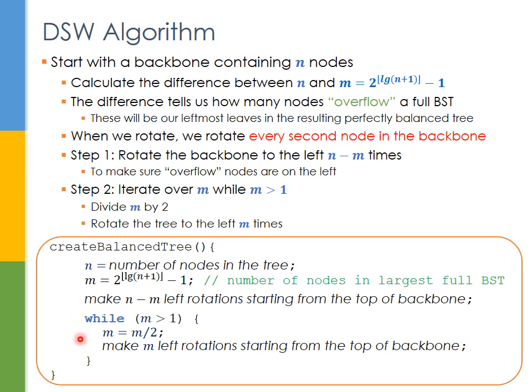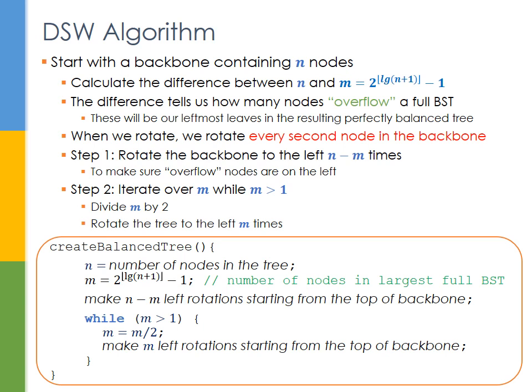Now we get into this loop, which continues while m is greater than 1. We update m's value by dividing m's old value by 2, and that gives us the number of left rotations that we need to perform starting at the top of the backbone in order to deal with the current value of m.